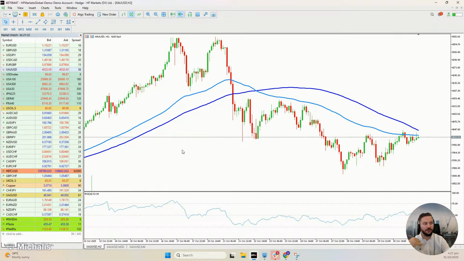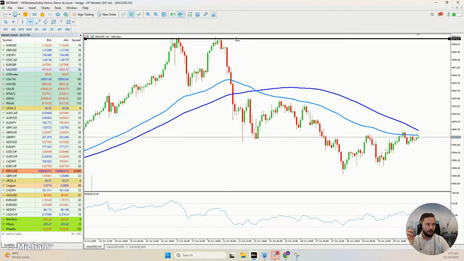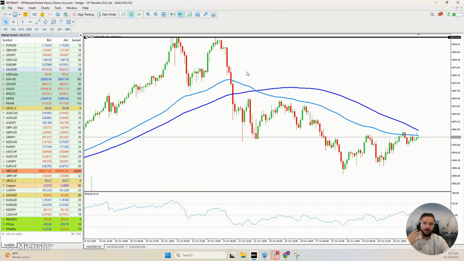Now, if we look at longer term, so somebody looking to keep the trade open for a week, 2 weeks, 3 weeks, then of course a lot of traders are going to be looking at the all-time high, which is also the double top, which is all the way up here. That's very far away. So individuals doing that may wish to scale in and scale out in order to reduce the risk.